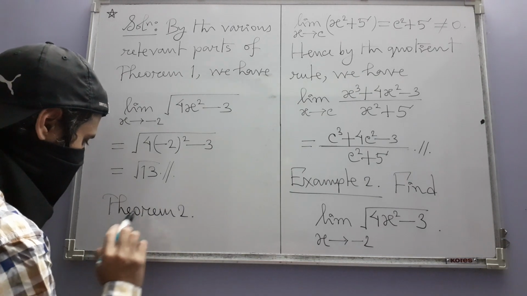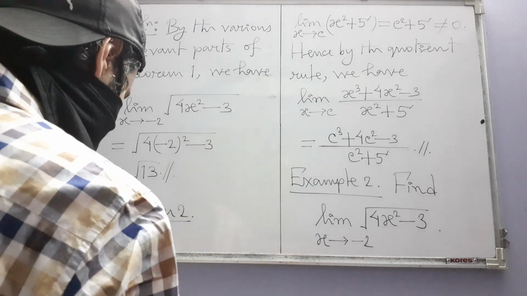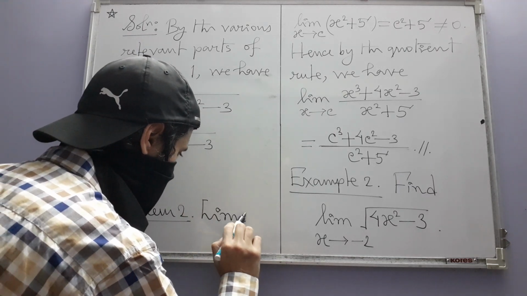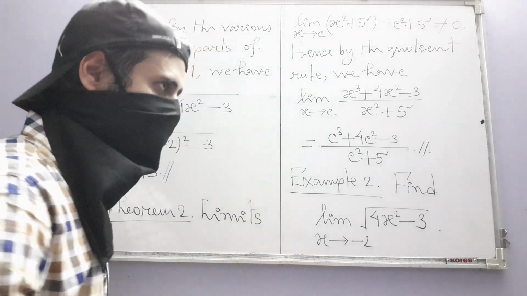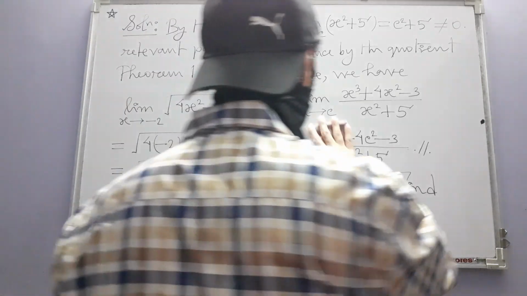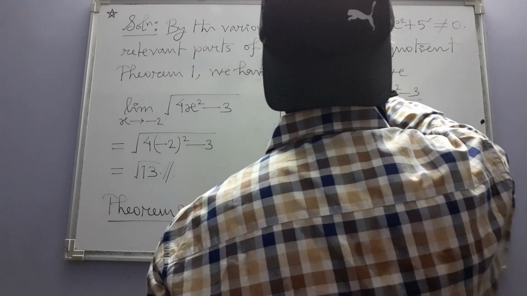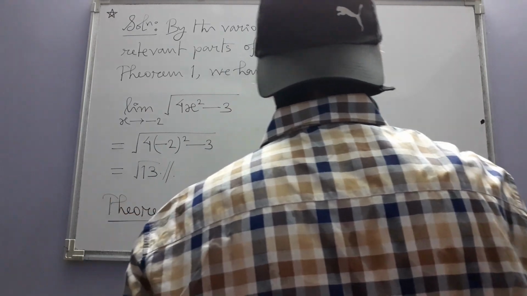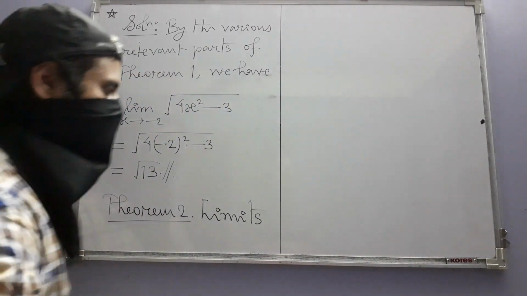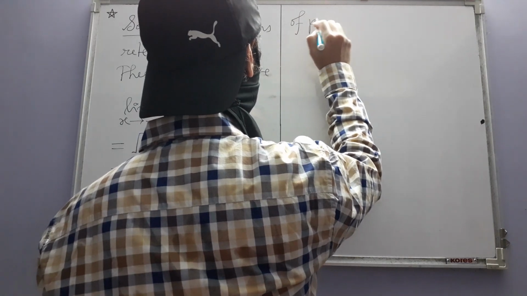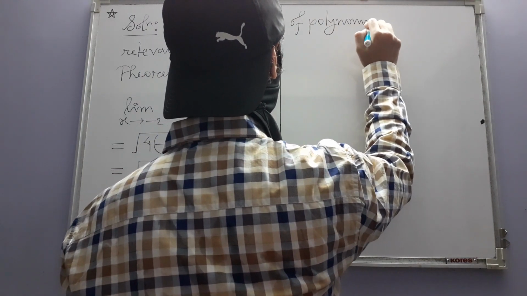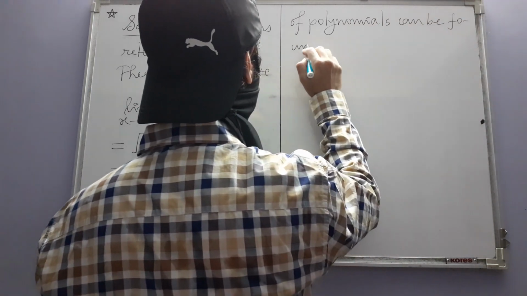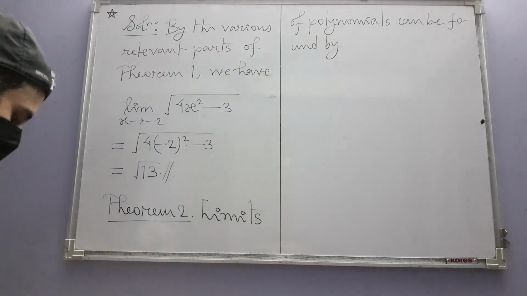This is theorem 2. Limits of polynomials can be found by substitution.